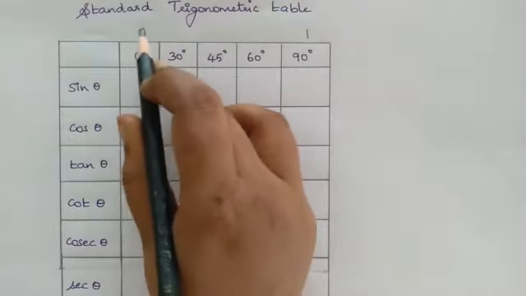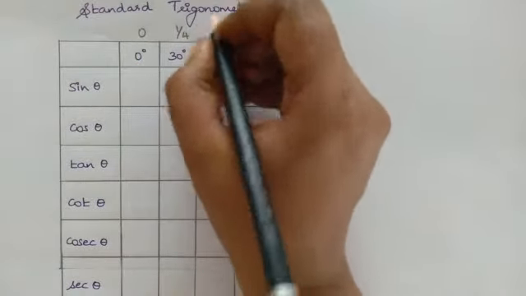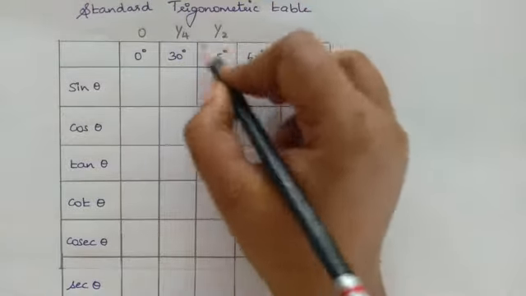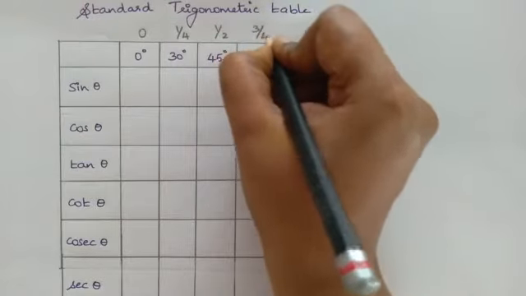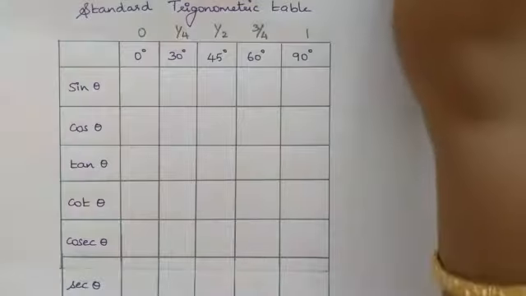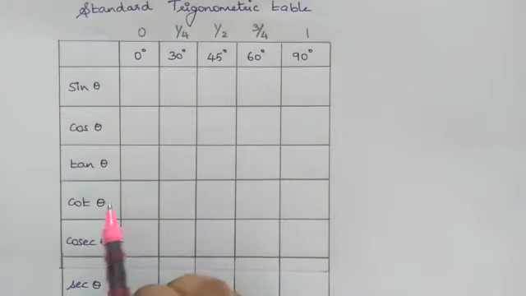To 0, if we add the quarter part, 1 by 4. After 1 by 4, add another quarter part, 1 by 4 plus 1 by 4, 1 by 2. To this 1 by 2, add the next quarter part 1 by 4, that's going to be 3 by 4. For these values, take the square root and that will give you the values of sine theta.